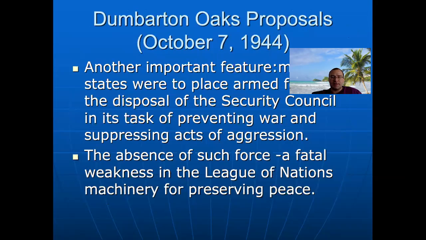What was different about the Dumbarton Oaks proposal was that they decided to have the Security Council able to have military force at its disposal as a way to fight for peace, to preserve peace.